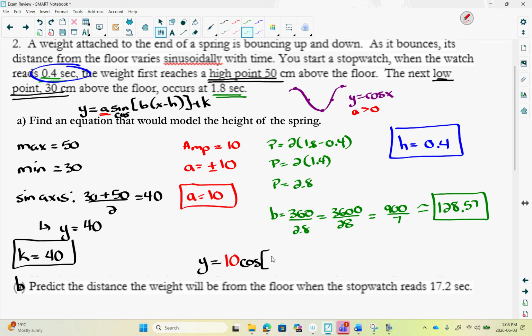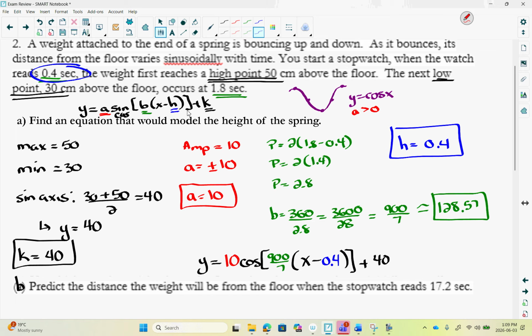I'll put the 900 over 7 or the 128.57. If you want to round it, that's great. X minus, I'll fill a 0.4 in here. I'll close the brackets twice. And then I'll add my K value, which is 40. So I just filled in those parameters.